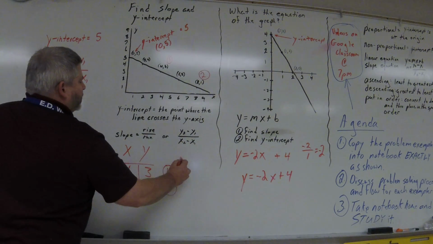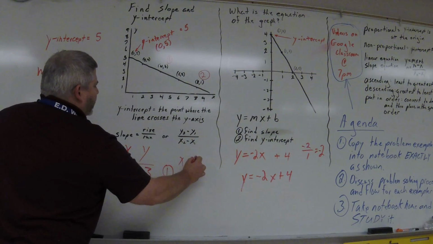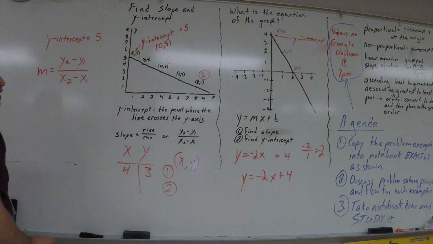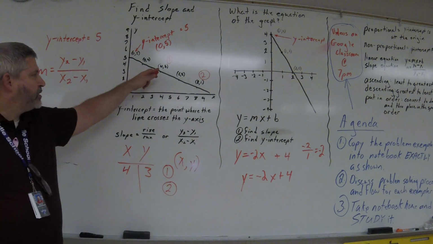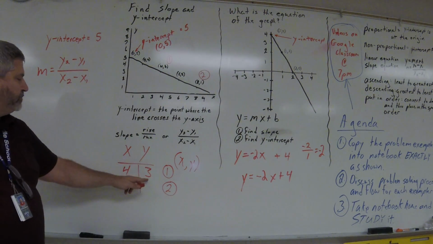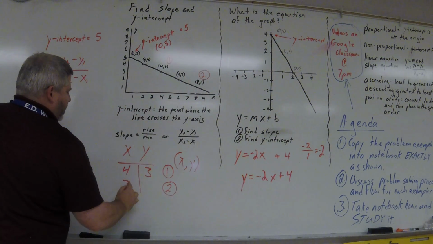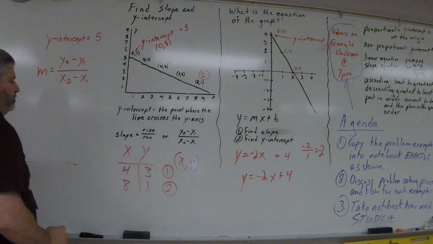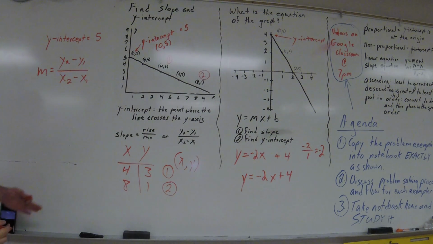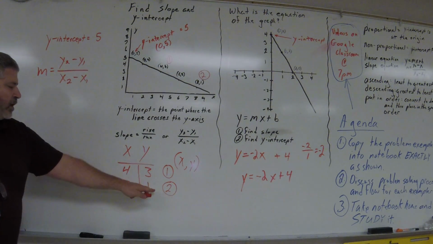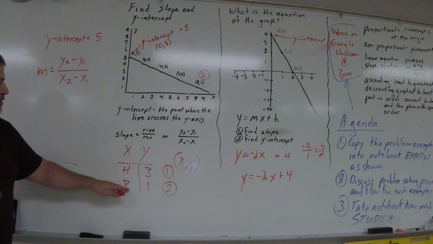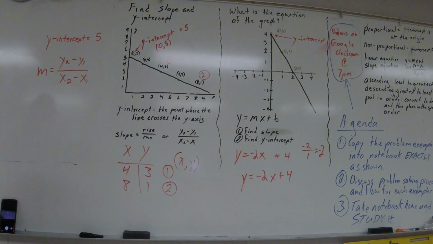We always write our ordered pairs x, y. So the 4 is the x and the 3 is the y. All right, take the second point. 8, 1. So now we know our y2 and our y1, our x2 and our x1.